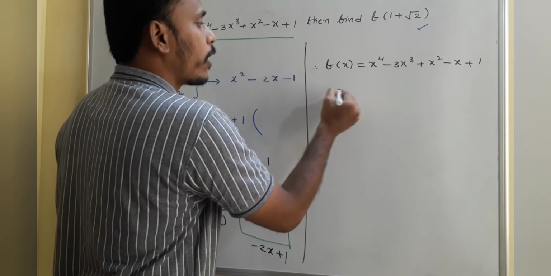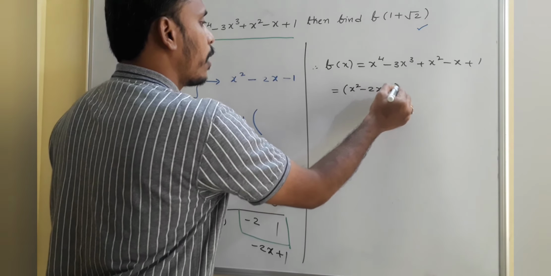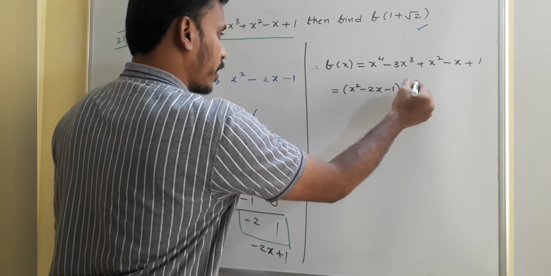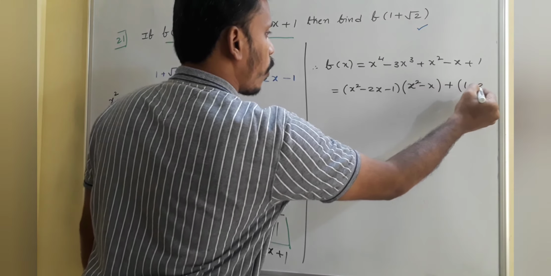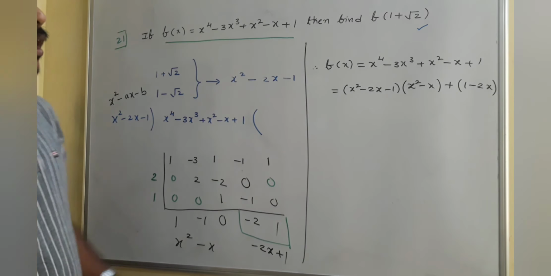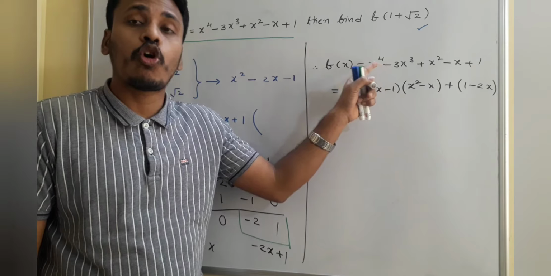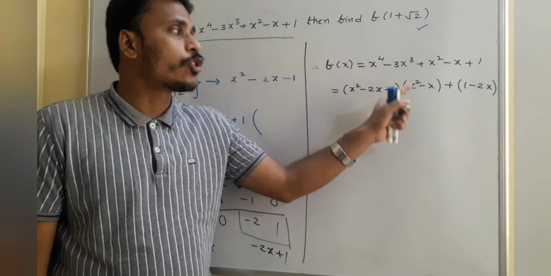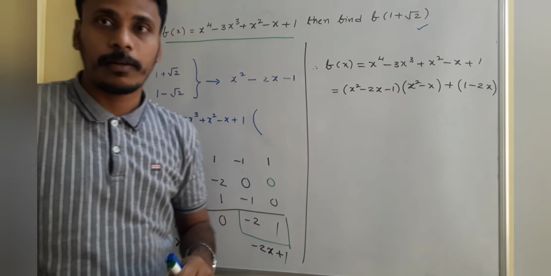So we can express it like this: x square minus 2x minus 1 into x square minus x, plus the remainder 1 minus 2x. Just have a look. So I have rewritten the given polynomial as the product of these two plus that 1 minus 2x. If you simplify it, you will get the same polynomial.